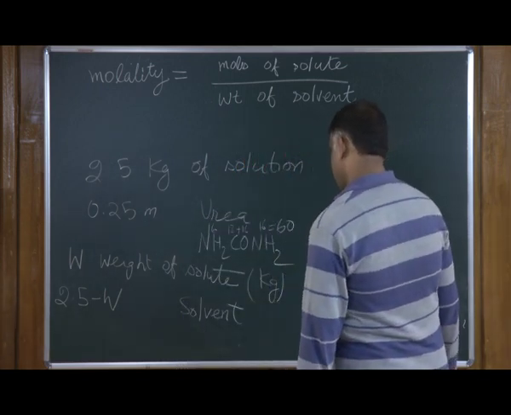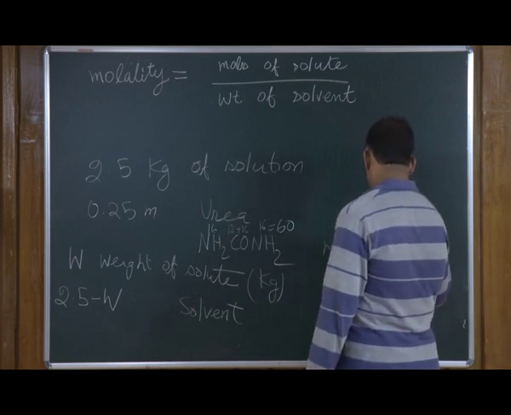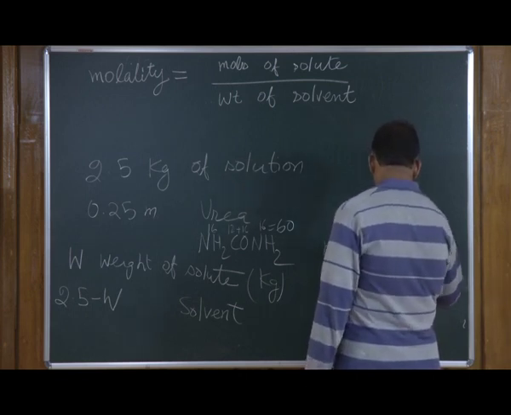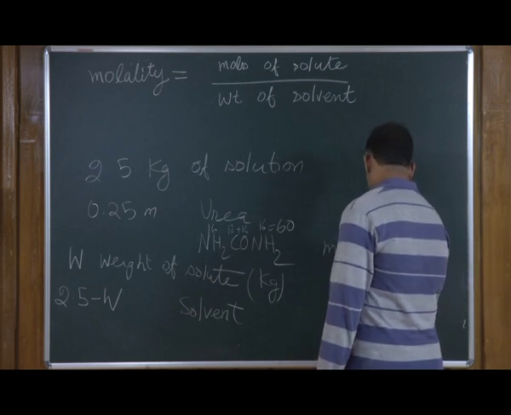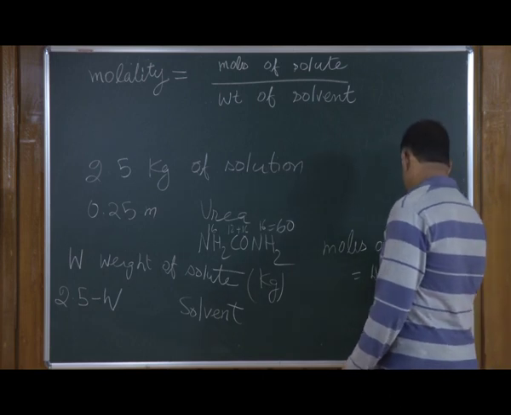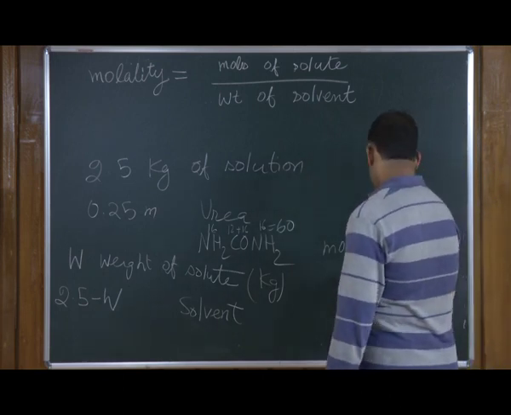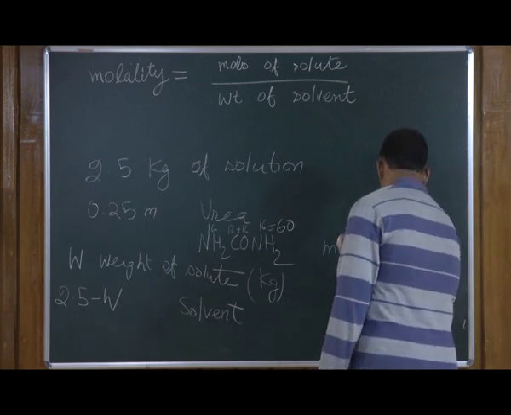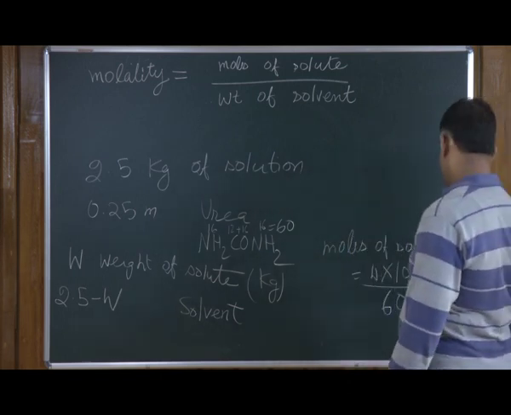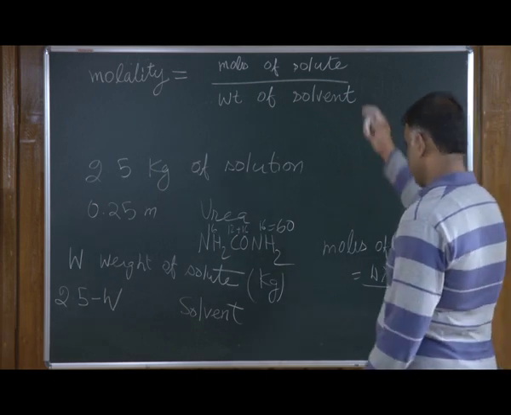So, moles of solute in terms of W, which we assume in kg, is W into 1000 divided by 60. So, that is the moles of solute. Now, we have all the information and we can put it in there.